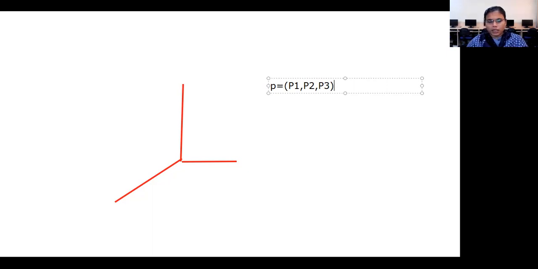P1, P2, P3. If this is any point P in the R3 or E3 space.